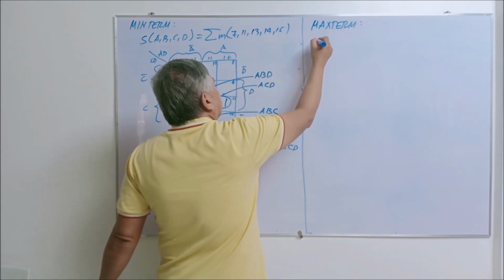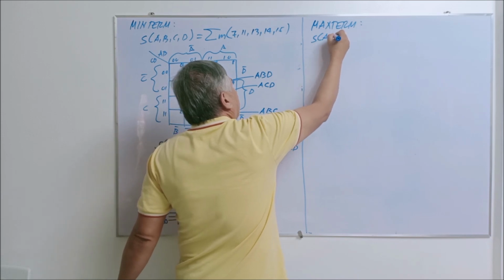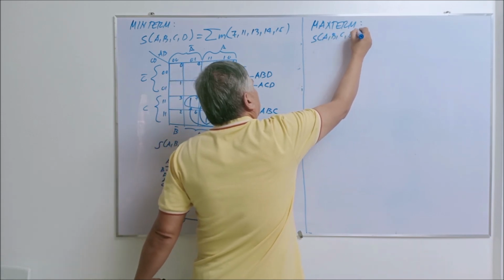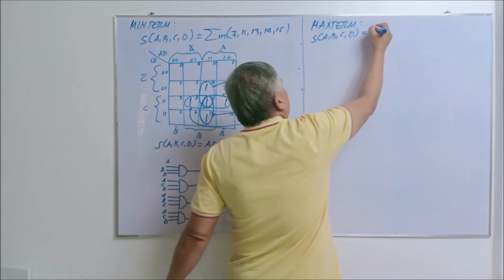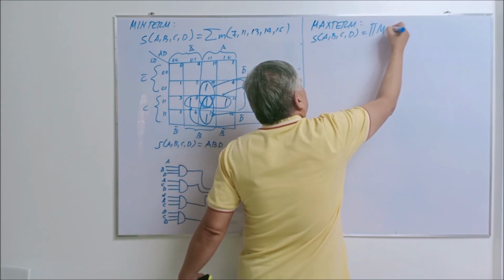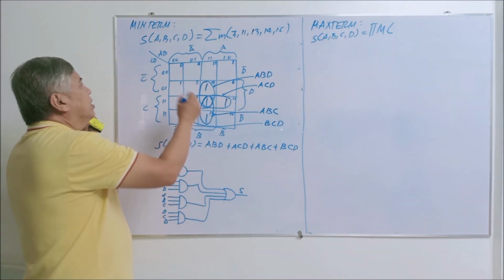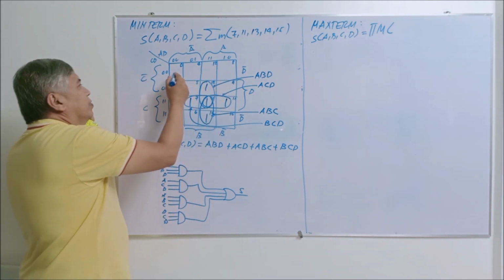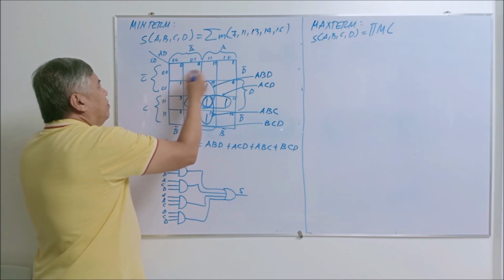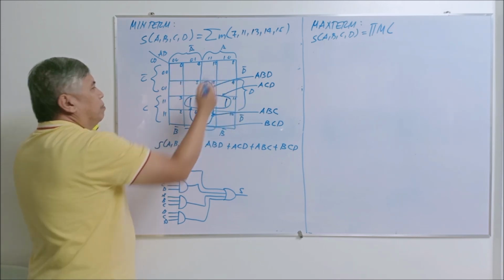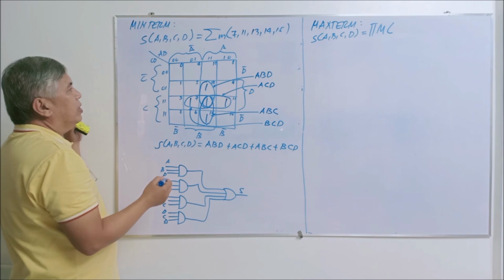S as a function of A, B, C, D is equal to pi capital M. And what are the max terms? These are the cells which are vacant in this particular map. So what cells are vacant?